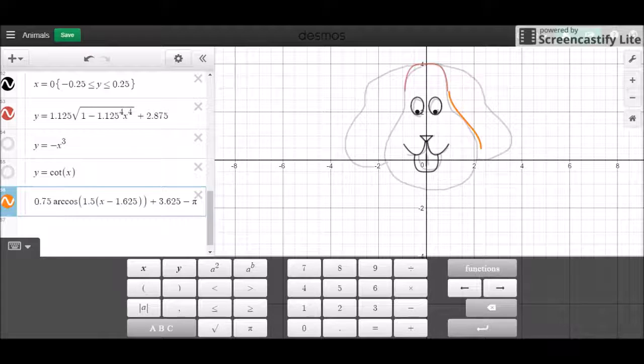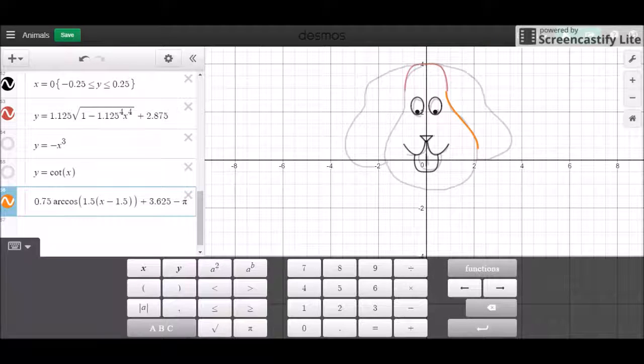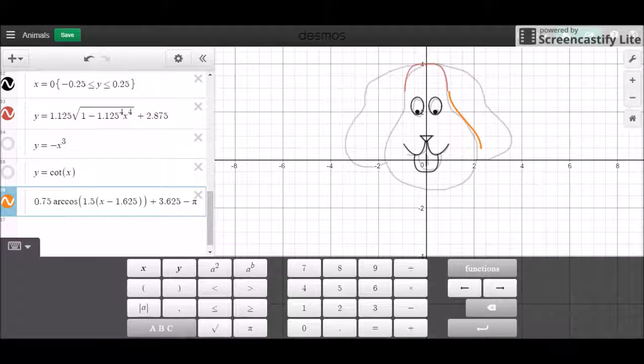And then we have to figure out how much this is shifting over, because it's not truly that. So if I do 0.5, it's too far to the left, and if I do 0.65, it's too far to the right.